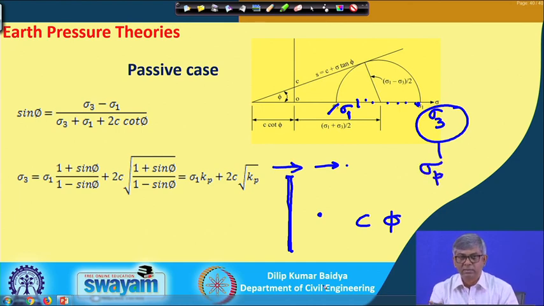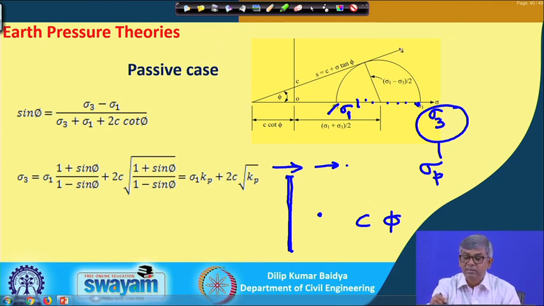Okay, sigma passive. The earlier case was sigma active and sigma passive. So, now this will be a Mohr circle, and if I draw this Mohr circle, it will be tangential to the failure envelope of the soil.